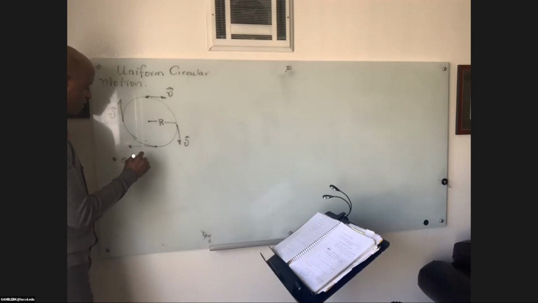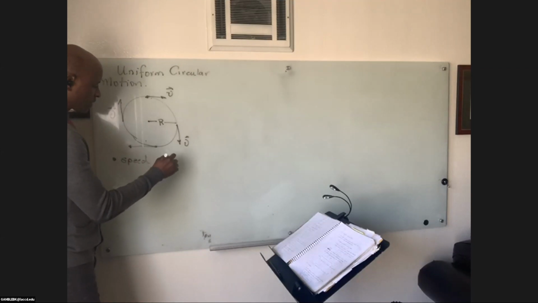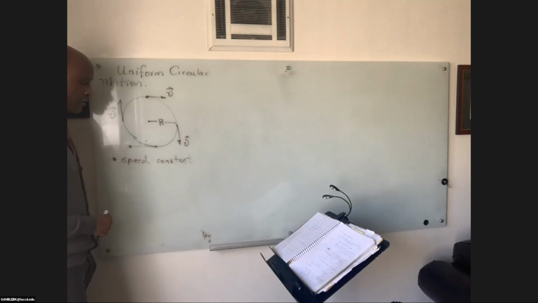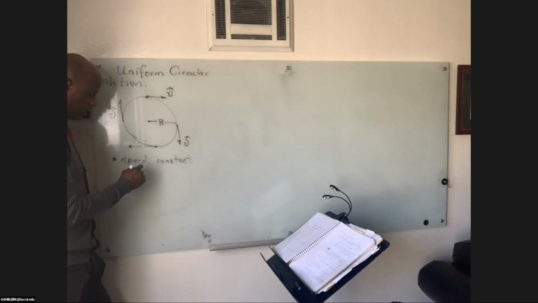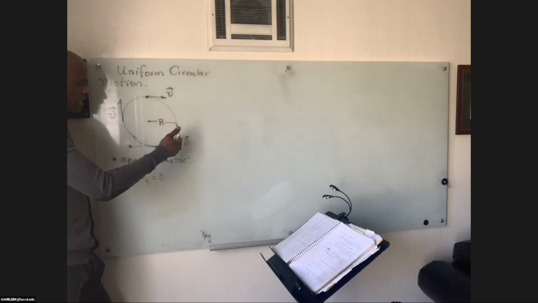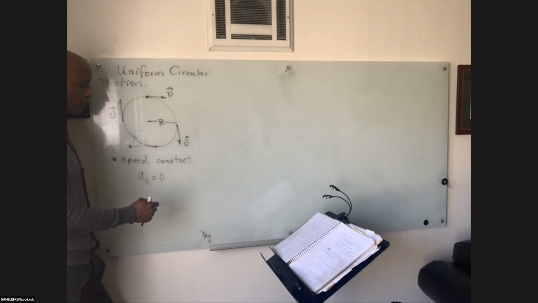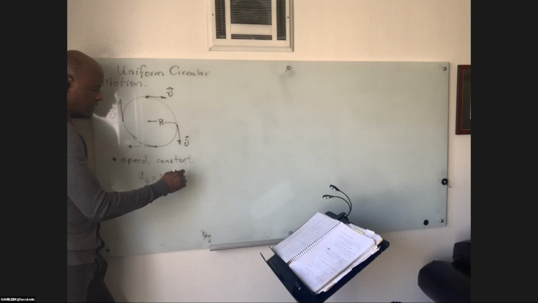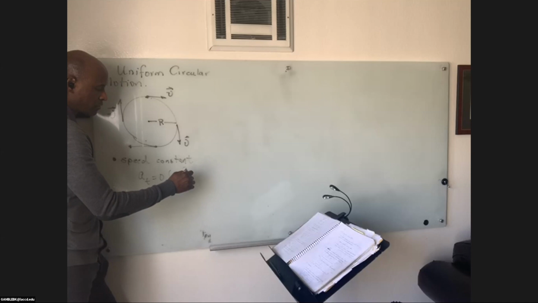Since the velocity is changing, we have to have some kind of acceleration. Although the linear acceleration, a tangential, is 0. A tangential would be the change of the speed along the direction of the velocity, so a tangential is the acceleration parallel or anti-parallel to velocity. That's 0.